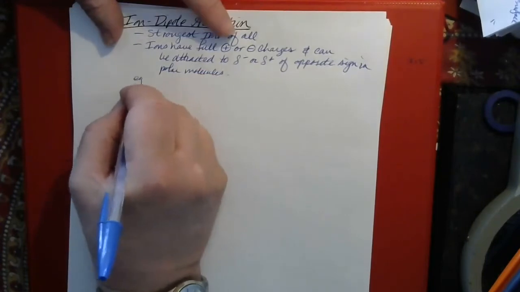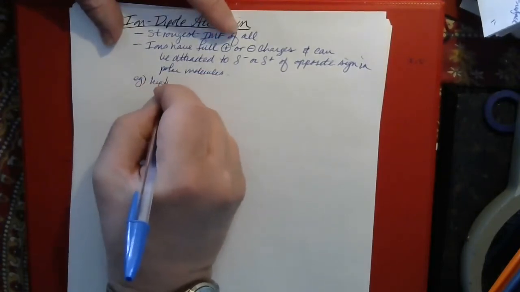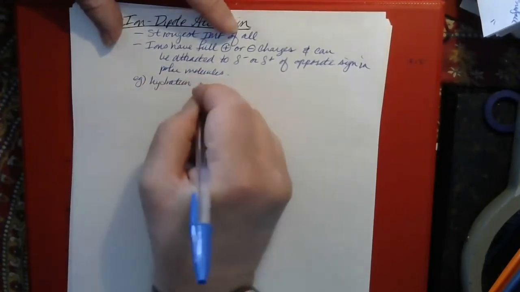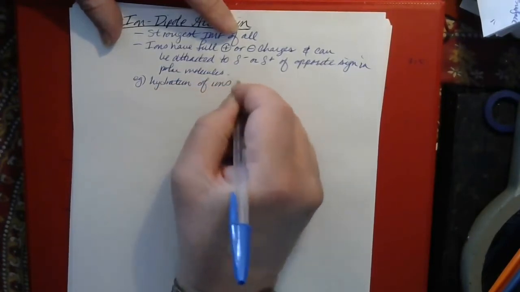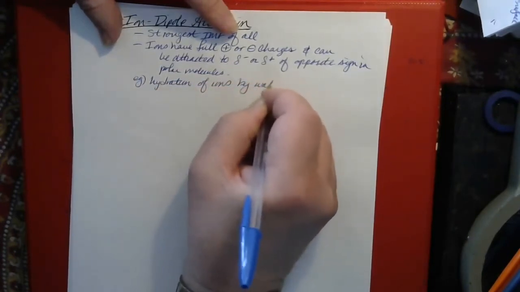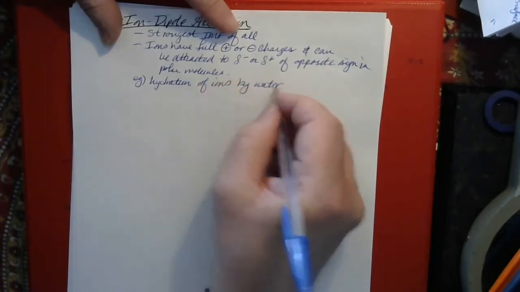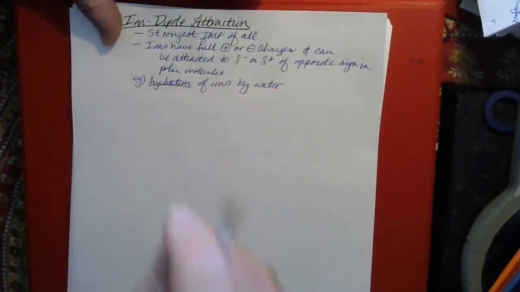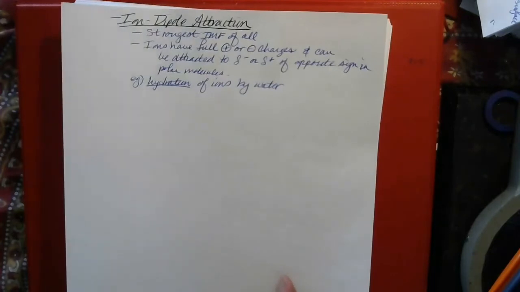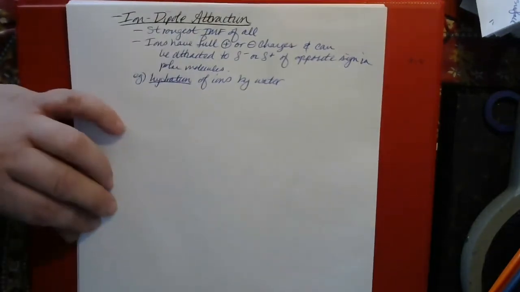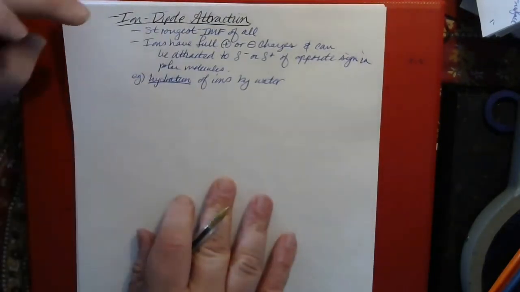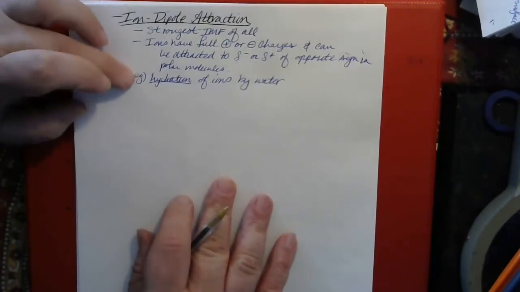And an example of this would be something that we already mentioned when we were talking about solubility. That is how ionic compounds dissolve in water through hydration by water molecules.